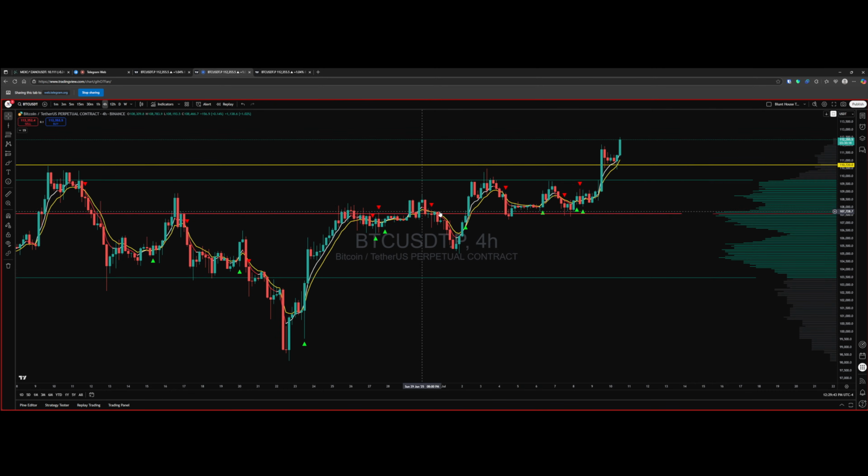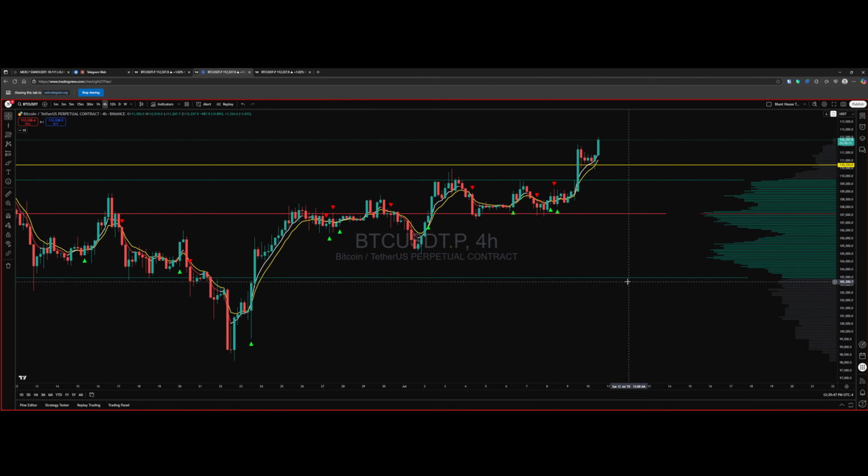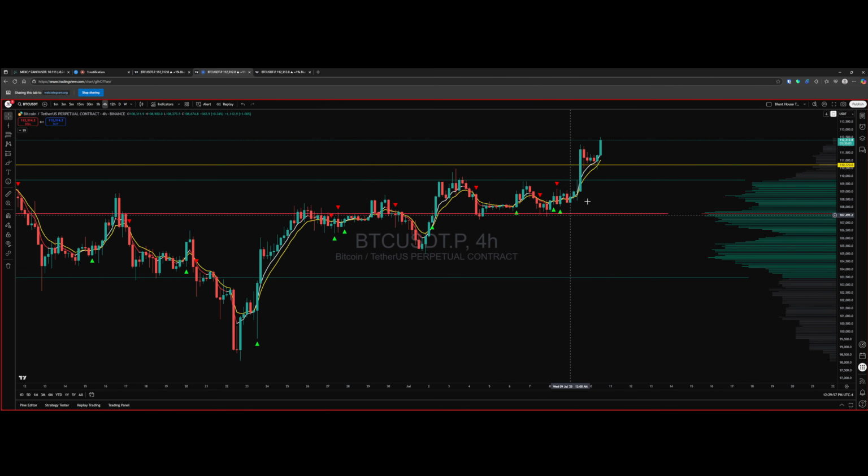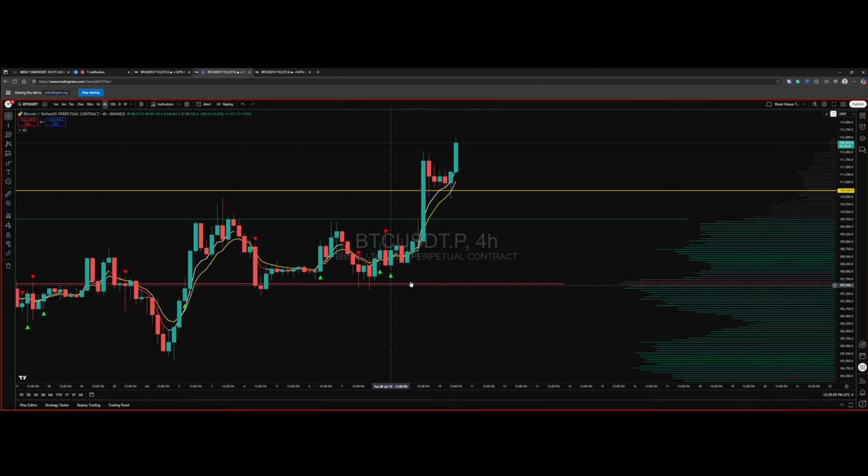And you can see how price reacts to it. This 4-hour chart we've been watching for a while, and it's taken the better part of a month to actually break through this level, right?